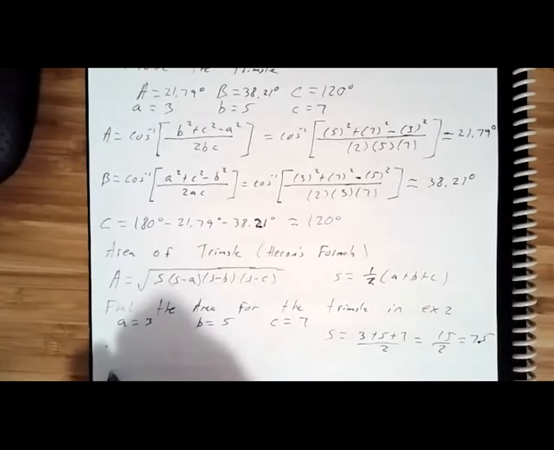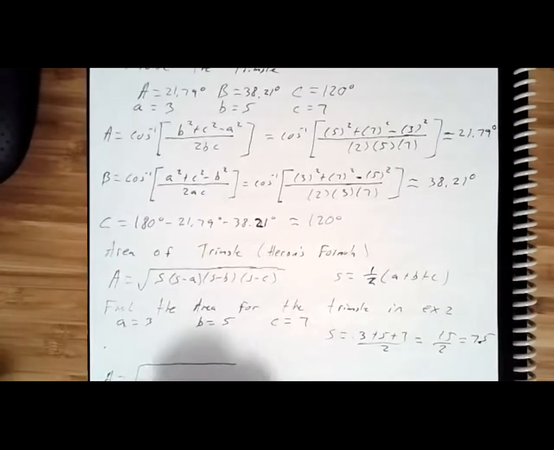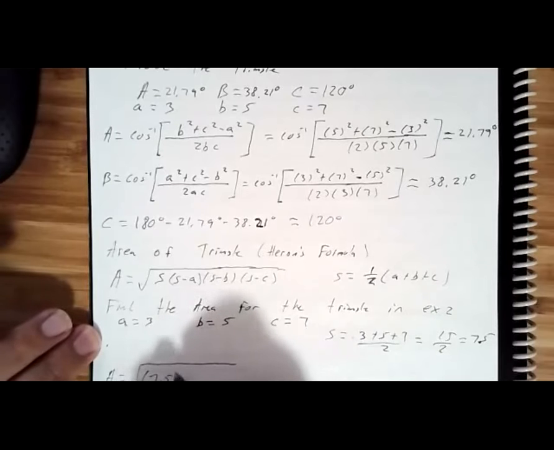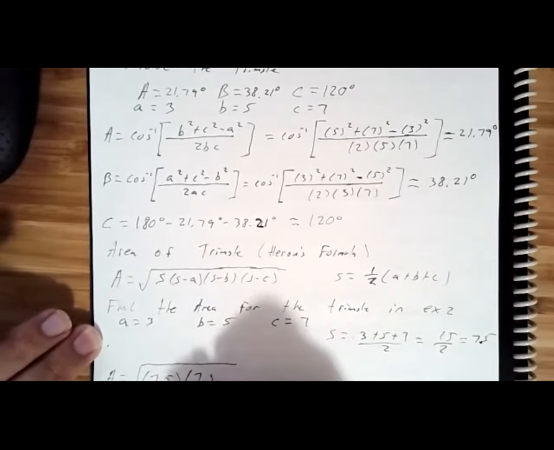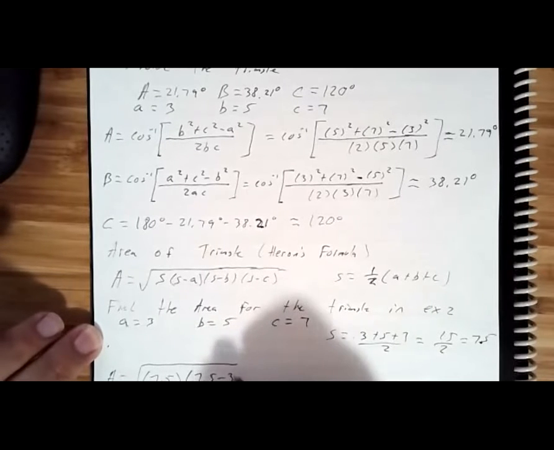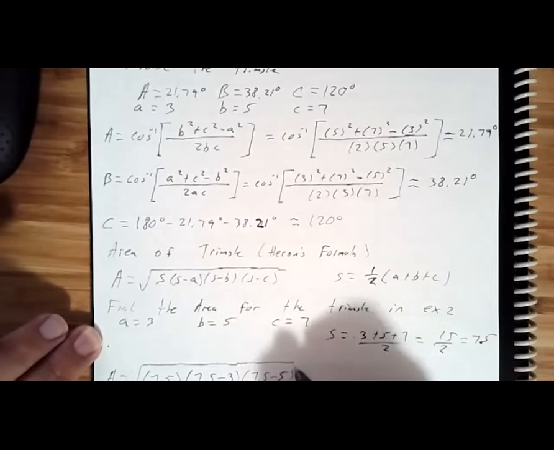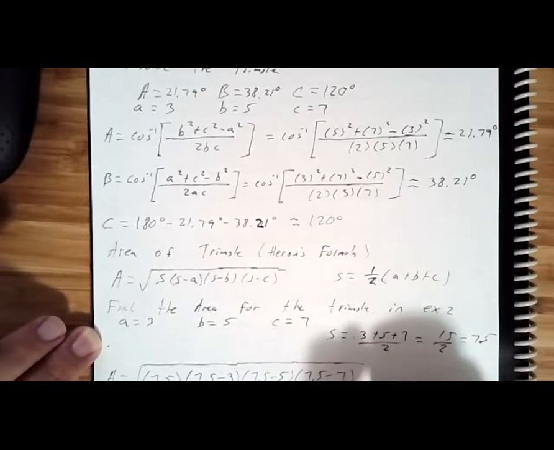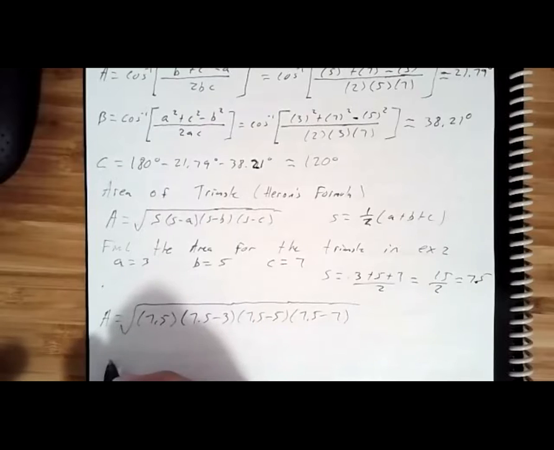So the area will be the square root of 7.5 times 7.5 minus 3 times 7.5 minus 5 times 7.5 minus 7. So that's approximately something.